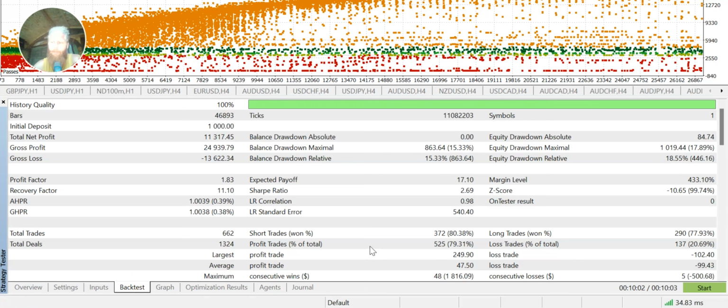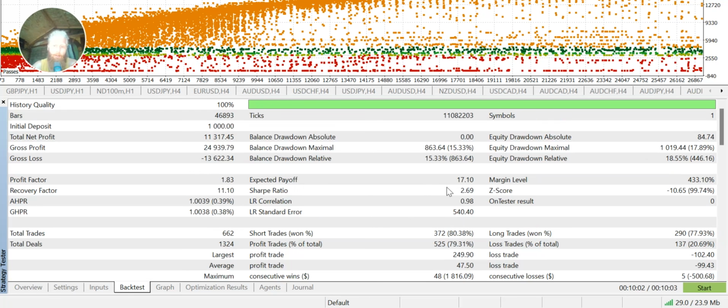So the win rate is approximately 80%, and the largest profitable trade is 2.5 times bigger than the largest loss trade, and I wanted to code this EA the exact way, because this is the edge that I was looking for in this particular EA.